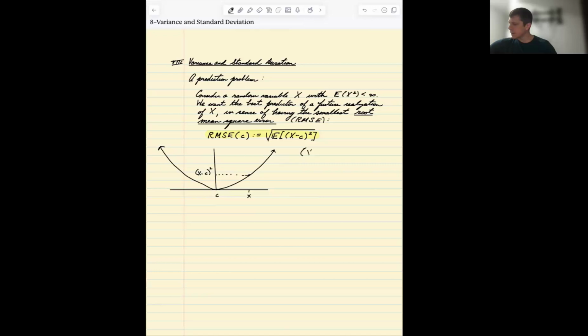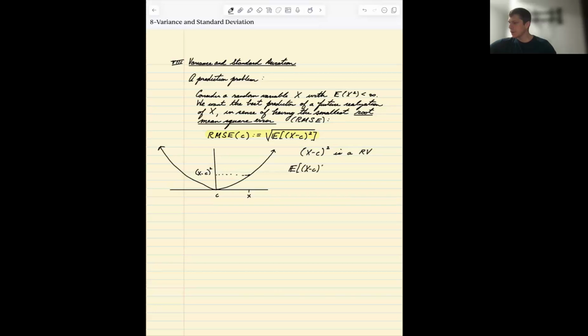That's the penalty, and that's still a random variable, since it's a function of a random variable. And so the best we can hope to do is to minimize the expectation of that. The perfect case would be that we predict X perfectly and have an error of 0 and a loss of 0. So we take the expectation of that quantity, (X minus c) squared.